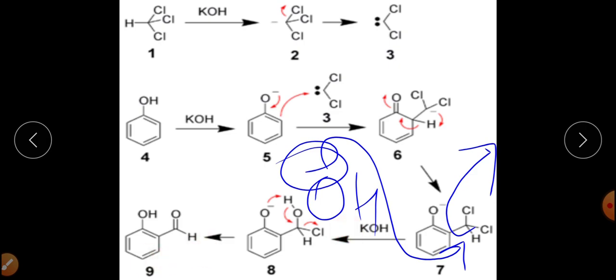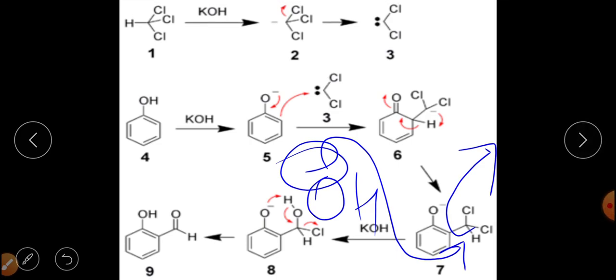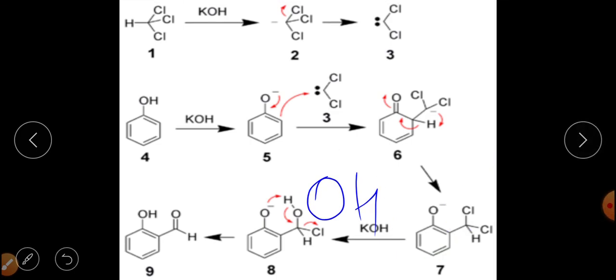We are getting here the insertion of the C double bond O H group ortho to the hydroxyl group. So this is the mechanism of how the reaction can proceed and convert into salicylaldehyde. So this is the beauty of the reaction.